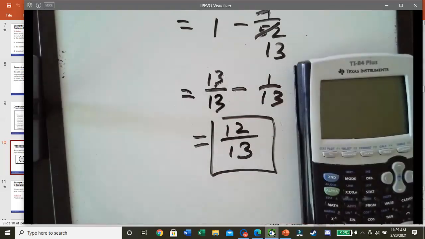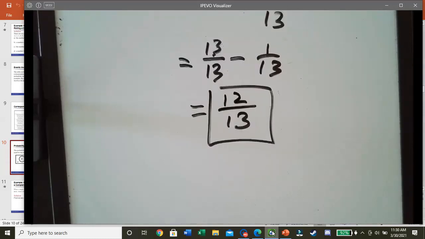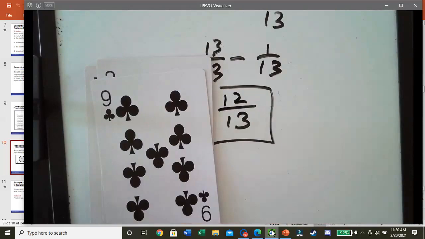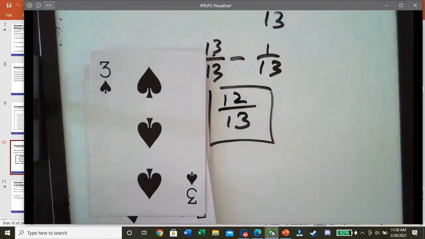Well, what is that as a decimal? 12 divided by 13, 0.92. So that means that if we drew 10 cards, we may get one of them as an ace, right? If we drew 13, 12 of them will not be an ace. Well, let's see. There's 1, 2, 3, 4, 5, 6, 7.